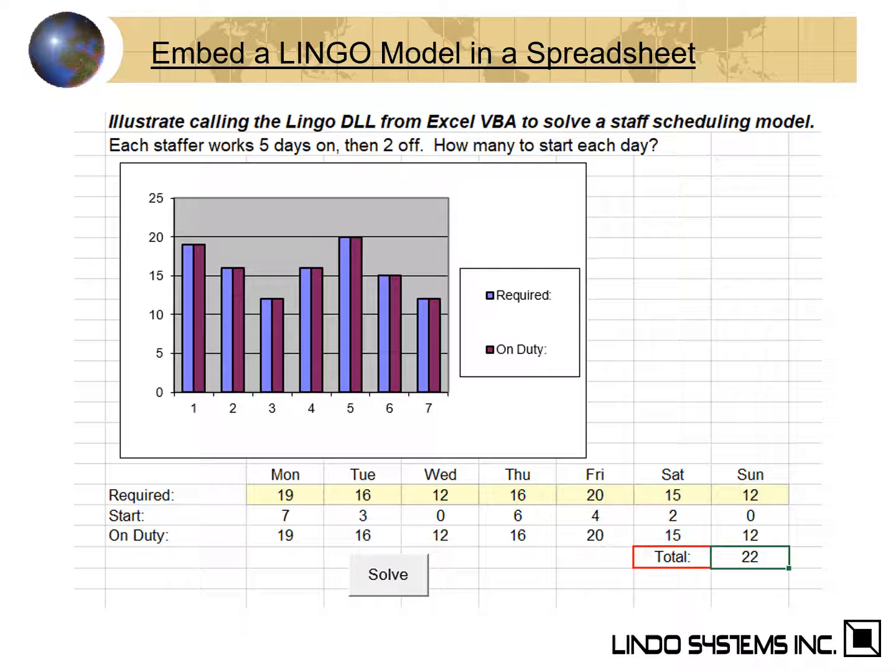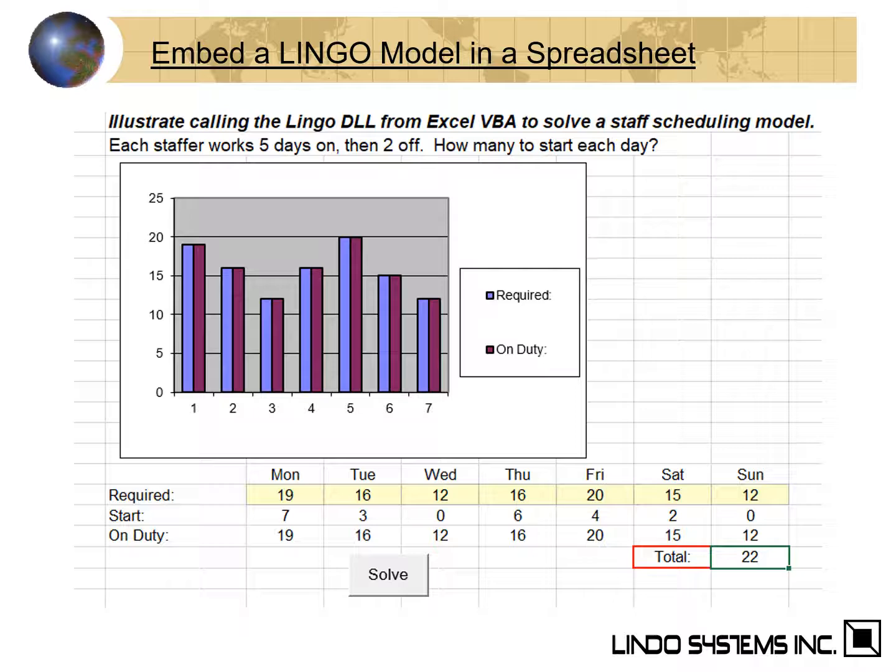Instead of 28 person weeks, we only need 22 person weeks, and we do a pretty good job of matching the on-duty requirements with the actual number of people by starting 7 people on Monday, 3 people on Tuesday. Don't start anyone on that low demand day or Wednesday. And don't start anyone on Sunday, which is also a low demand day.